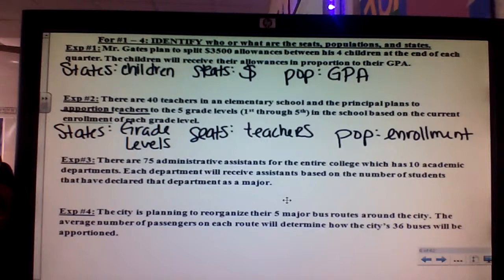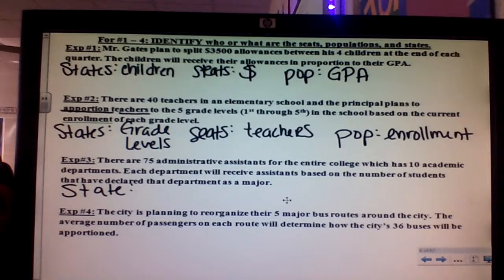Sample 3, there are 75 administrative assistants for the entire college, which has 10 academic departments. Each department will receive assistance based on the number of students that have declared that department as a major. So students is population. The seats is assistants. The population is number of students.